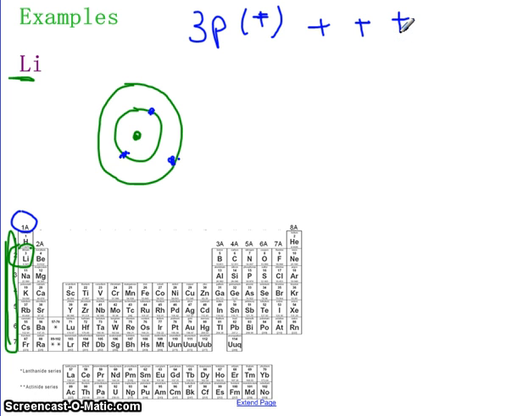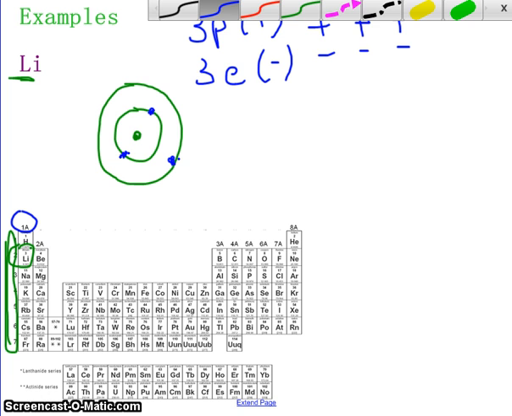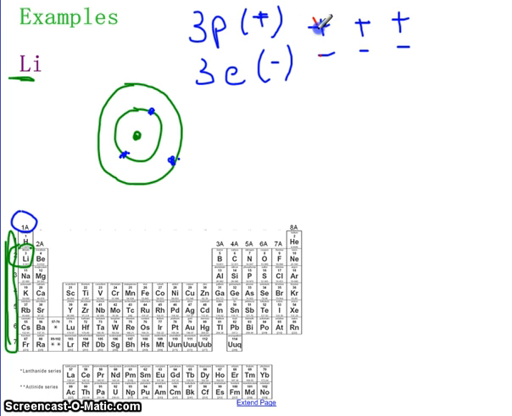Right now lithium also has 3 electrons, and electrons are negative, so it has 3 negatives also. When we get the positive and a negative, they're going to cancel, cancel, cancel. So right now lithium, the atom, is neutral, which means there is no charge on that atom.